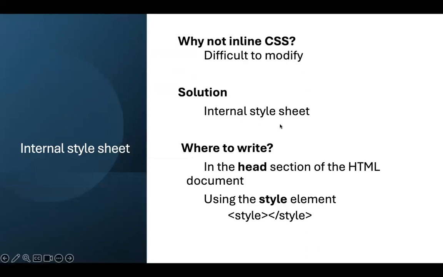But as a solution for the inline CSS difficulty, we can use an internal style sheet. We add it within the head section of the HTML document, and we are using the style element, that means the style tag. Earlier we used the style attribute, now we are going to use the style tag within the head section.